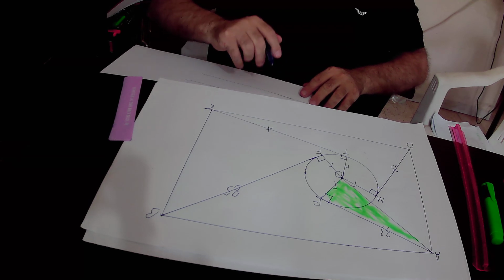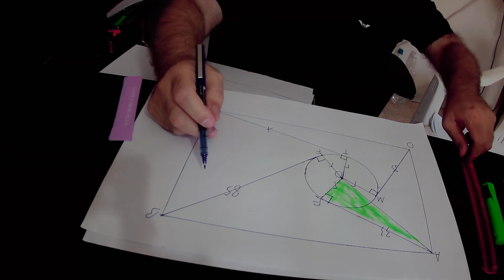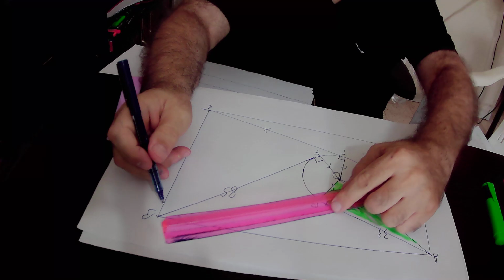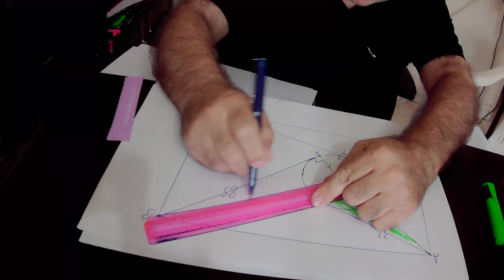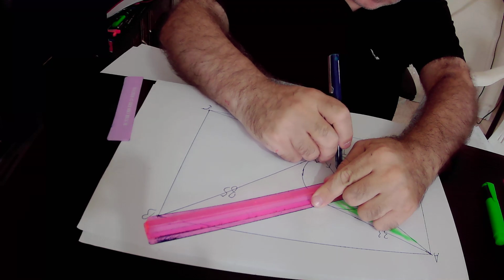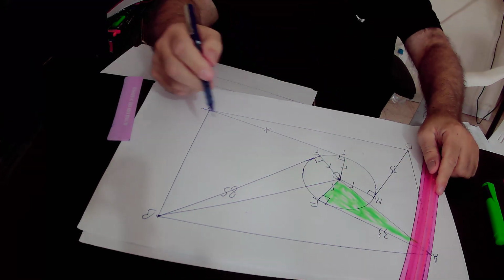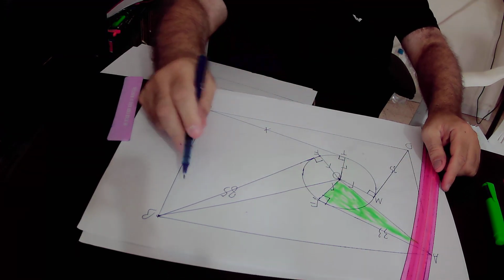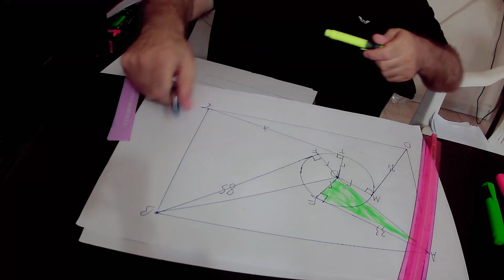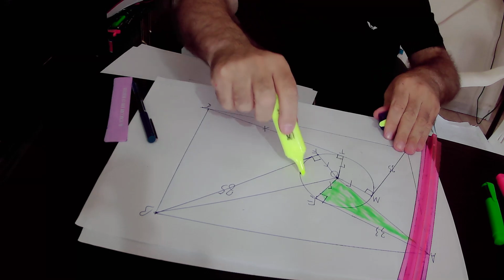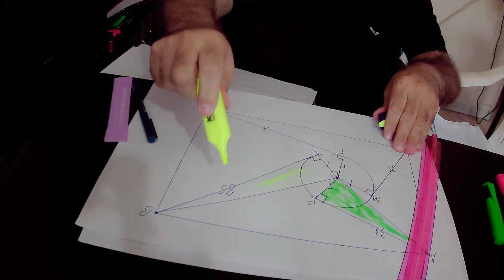In the next step, we will join points O and B together by a straight line. By joining points O and B, we actually created the right triangle OBF. So we'll implement the Pythagoras theorem on the right yellow triangle OBF.